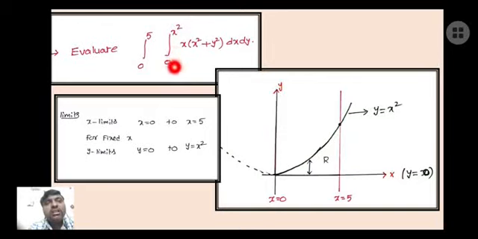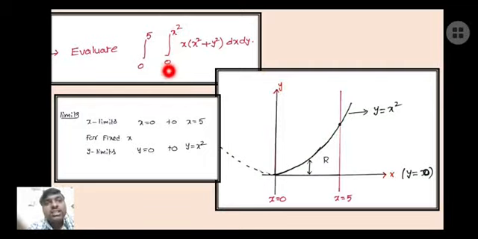These limits are functions of x. Whenever your limits are in terms of x, those belong to the y limits. So once again, the limits of the internal integration are in terms of x.